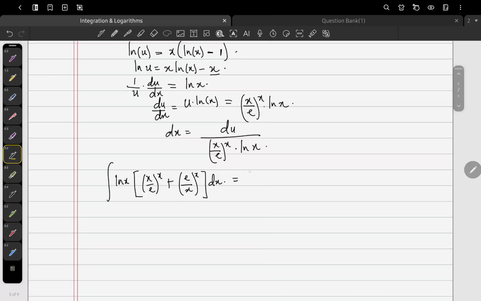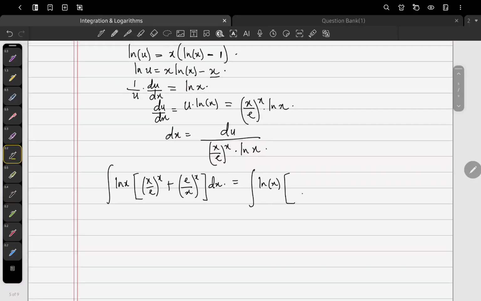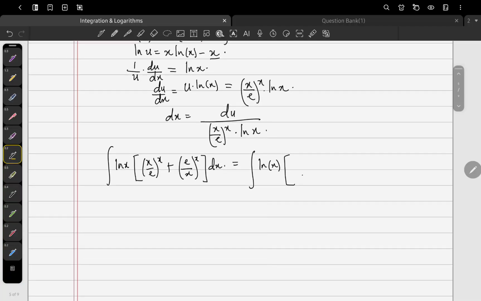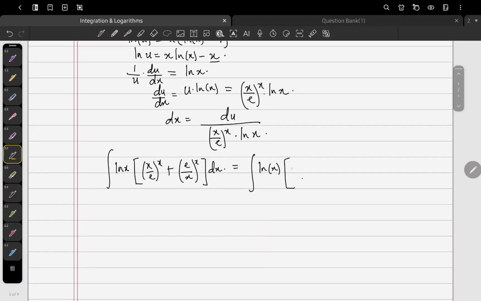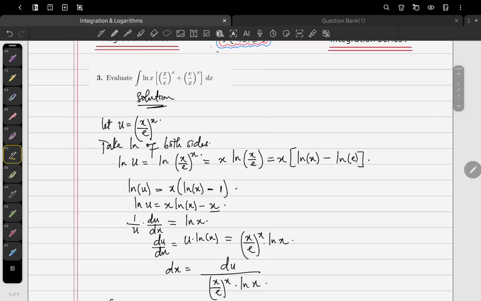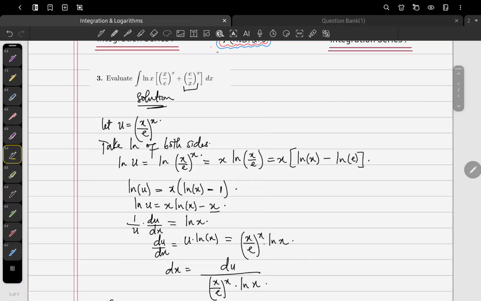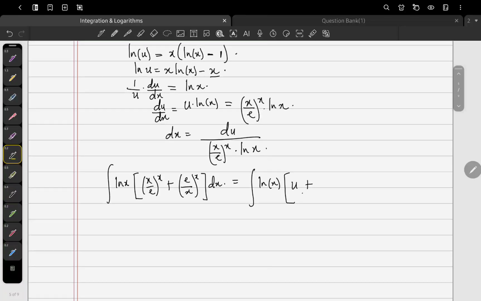is equal to the integral of natural log of x. So we said our u is (x over e) to the power of x, so this is going to be u, plus, and this other one, e over x to the power of x, is just the reciprocal of x over e.